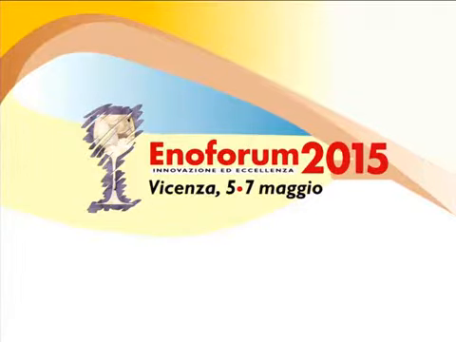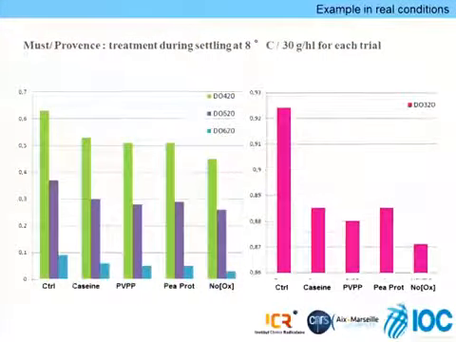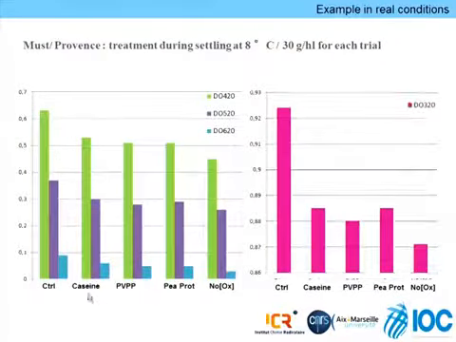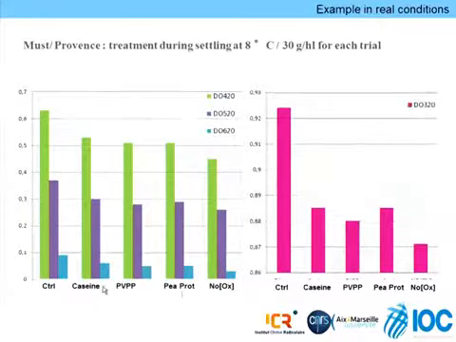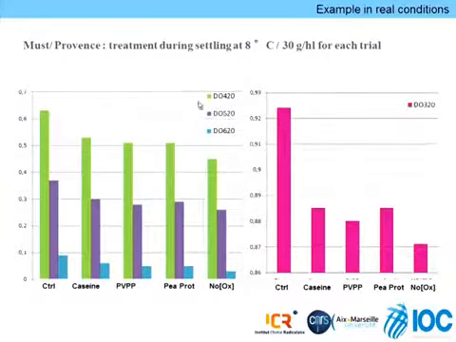I would like to show to you one of the comparative analyses that we made with a product that can be classified as products which are opposed or which counter the oxidative properties of wine. We see casein, P protein, PVPP, and NOx, which is a chitosan-based formulation.